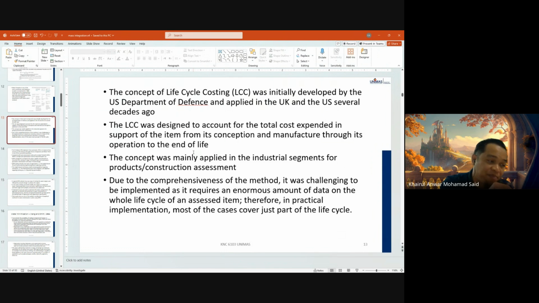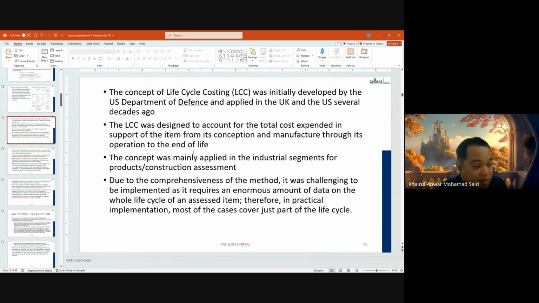From the concept, you make it, up to manufacturing the product, through operation to disposal. So concept, manufacture using the equipment itself, then disposal of the equipment. In a water system, because this topic is about water, it is a post assessment tool.